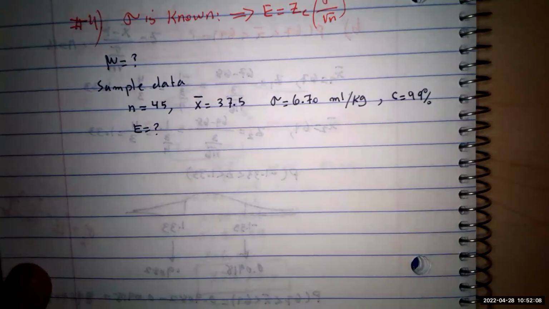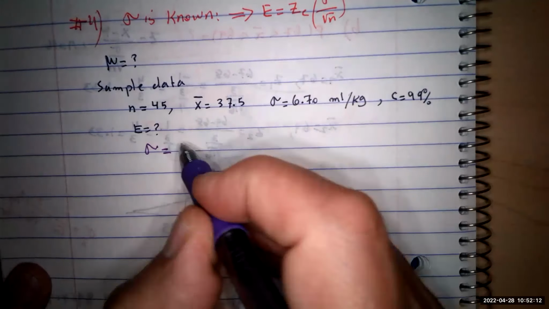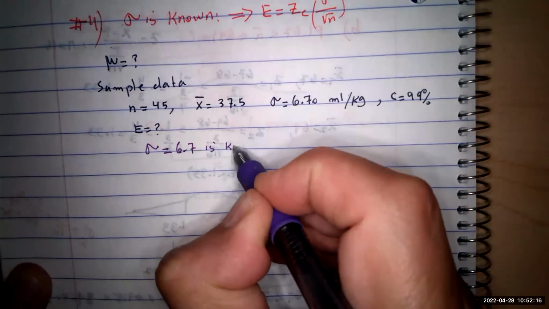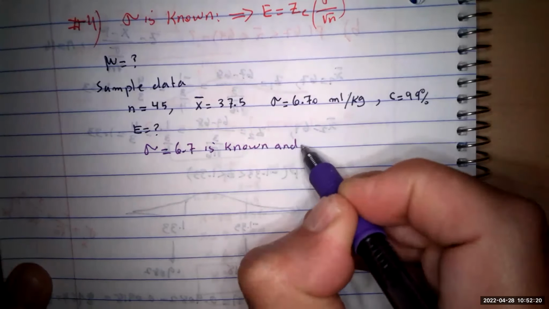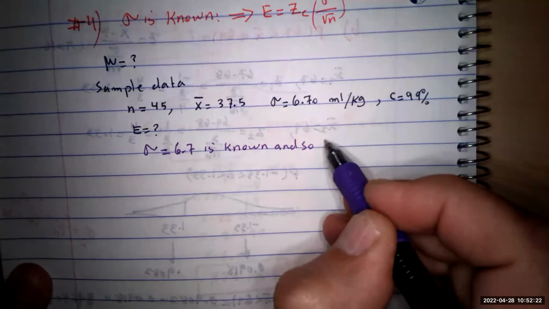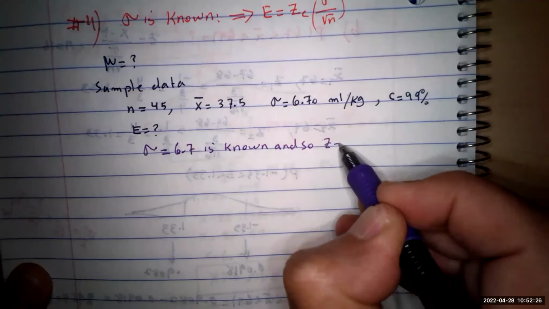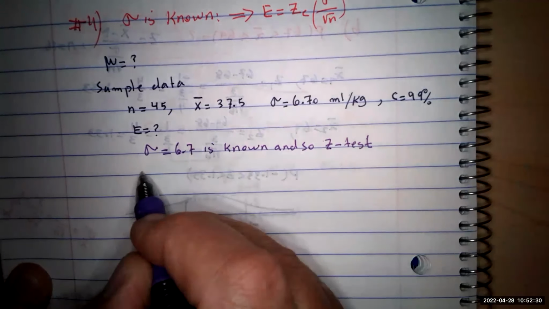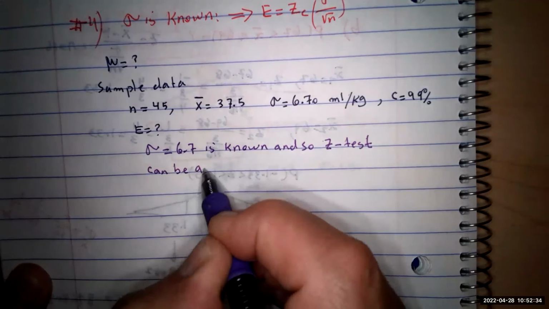But in this case, the sample standard deviation, 6.7, is known, and so the z test or the z interval can be applied.